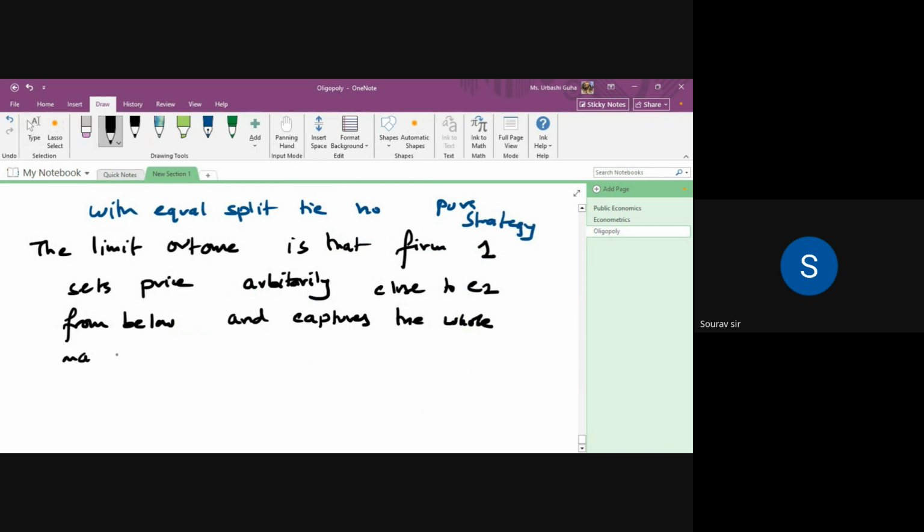It's just like the reaction function, one we do on the basis of that. We'll do more sums further, we will understand. Prices at C2 and it earns 0. Okay, asymmetric cost and like.